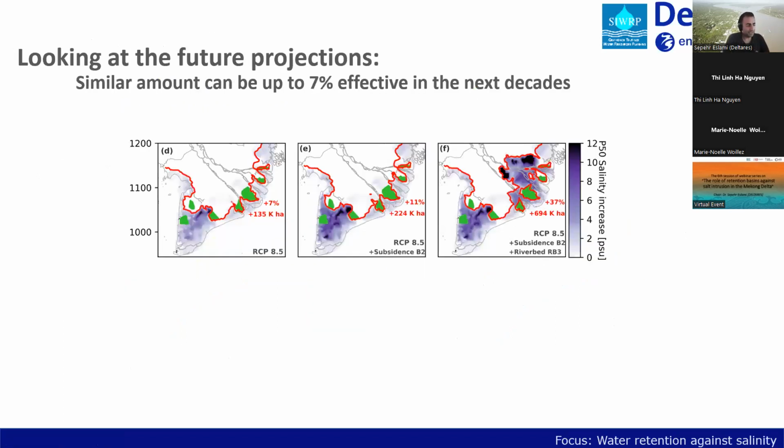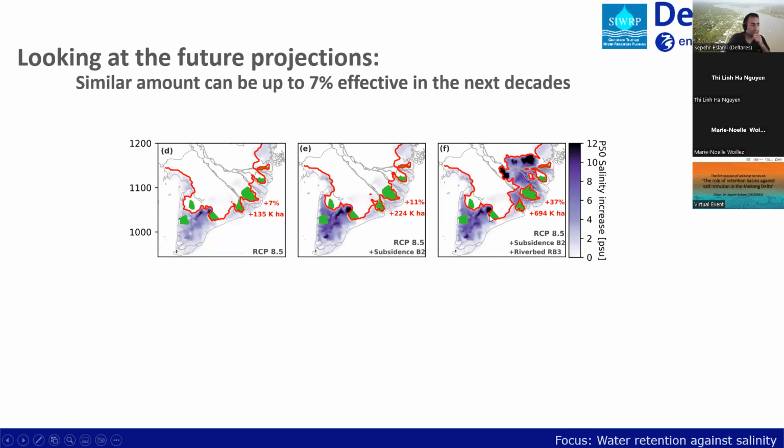So if we include that kind of storage and look into what kind of scenarios we can expect in the future, these are the scenarios of salinity increase in the next 3 decades under climate change, land subsidence, and riverbed erosion.